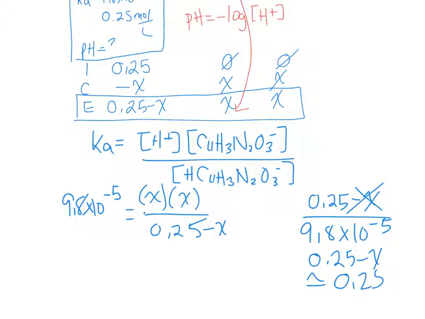It is. Beautiful. So we've just simplified this. So take 9.8 times 10 to the minus 5, times it by 0.25, find the square root, and we've got x.